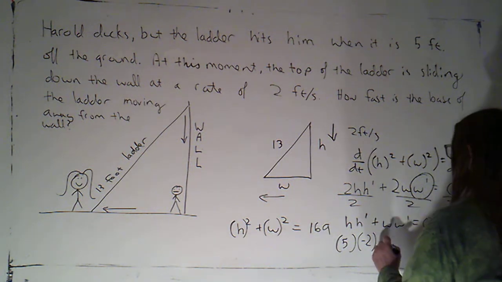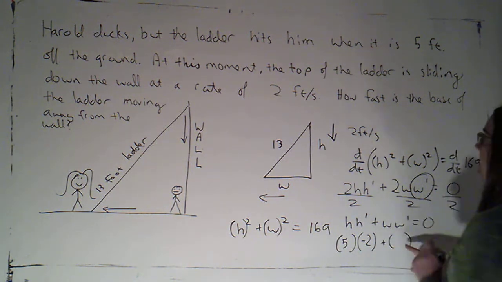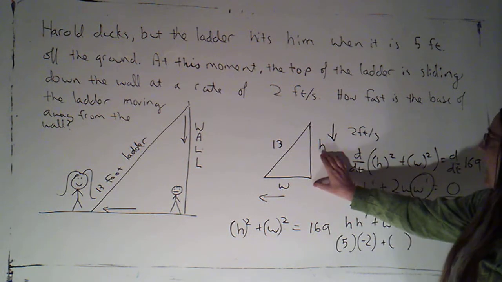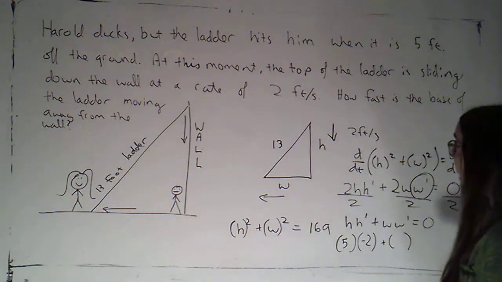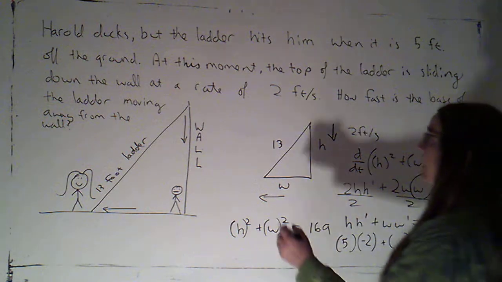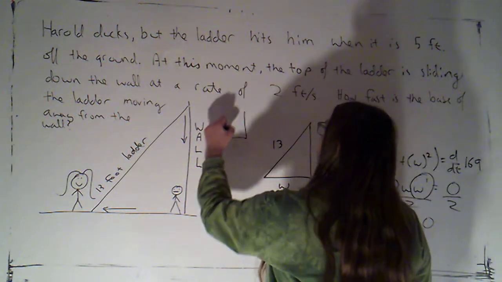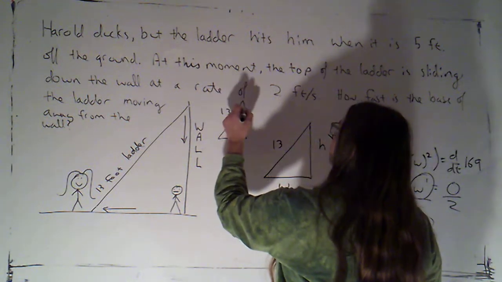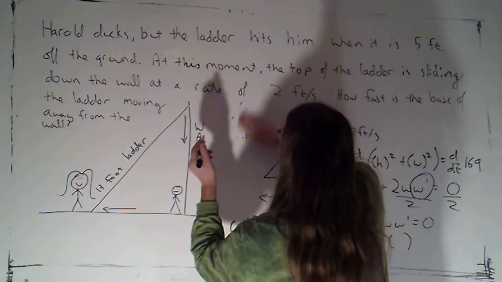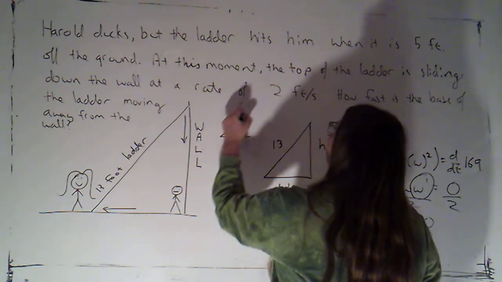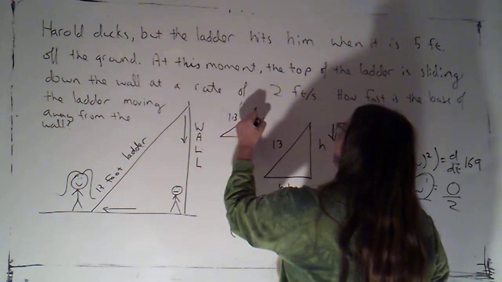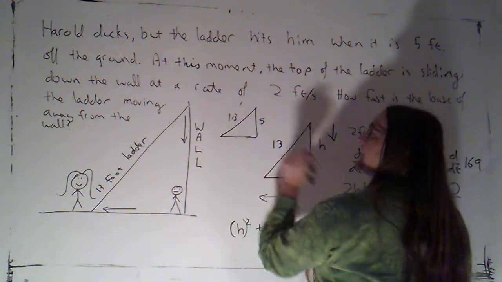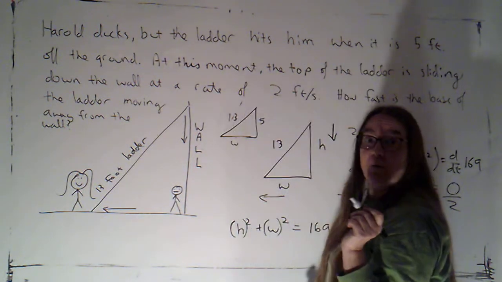Okay, plus w, and let's see, I'm going to have to figure that out. At this moment in time, I've got a particular triangle where this is 13. Oh, I did not draw that at all to scale. This is 13, this is 5. This is W at that moment in time.